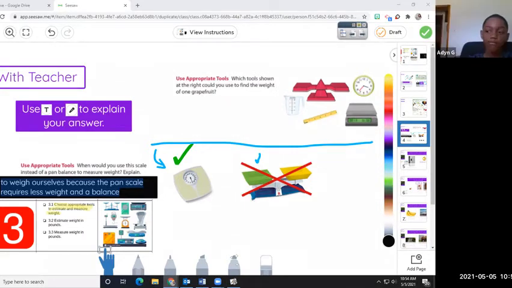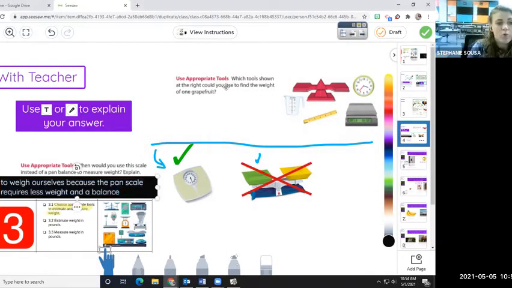Yes. Okay. Let's take a look at our next question. Which tools shown at the right could you use to find the weight of one grapefruit? So if we're going to weigh grapefruit, this right here might be able to measure the amount of juice in the grapefruit, but it would not tell us how much the grapefruit weighs itself.